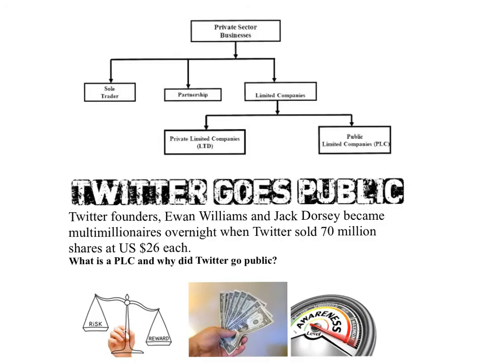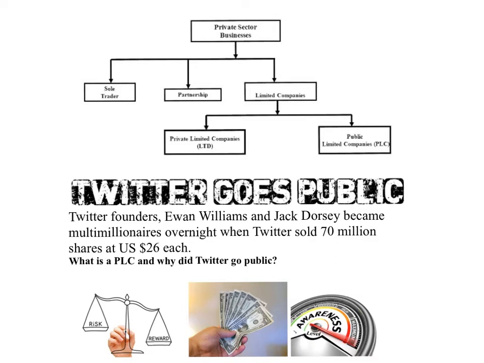So the first type of limited company that we're going to consider is the PLC, the public limited company. And we're going to use Twitter as an example. Because as it says here, a few years ago, Twitter founders Evan Williams and Jack Dorsey became multi-millionaires overnight when Twitter sold 70 million shares at the US stock market for $26 each.